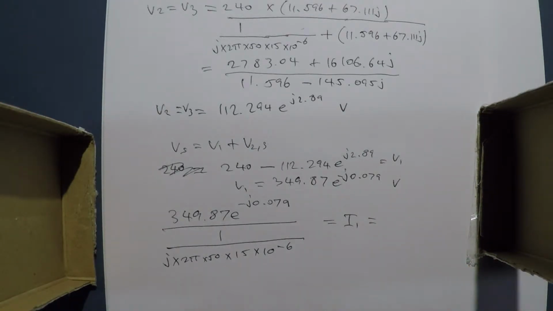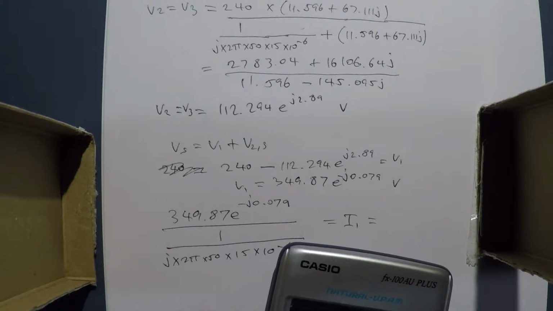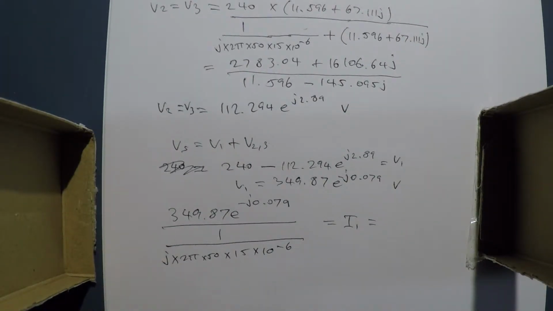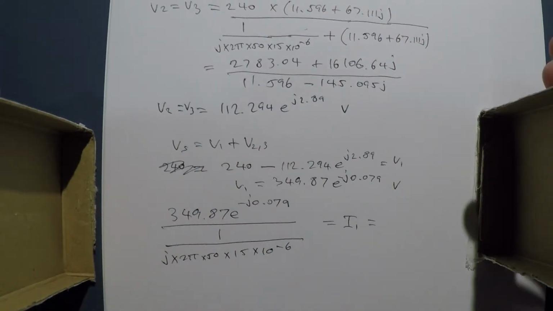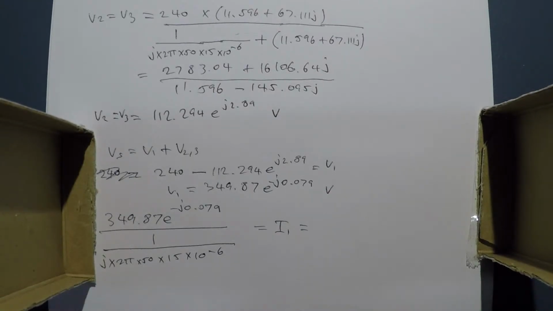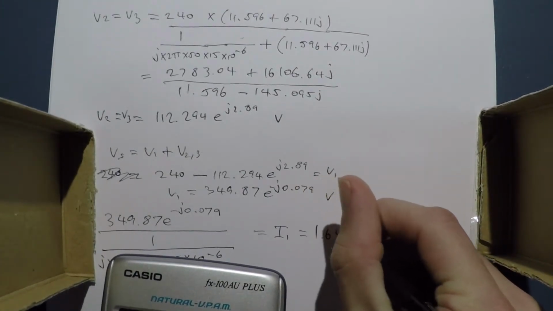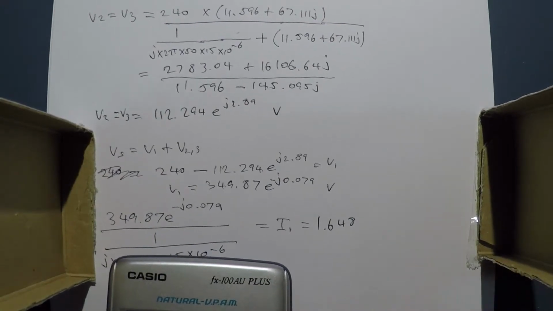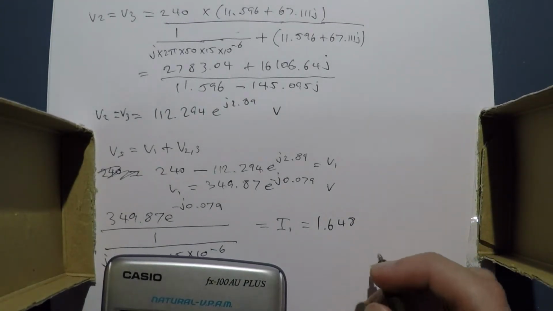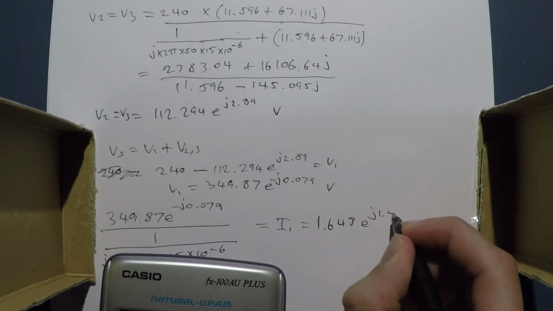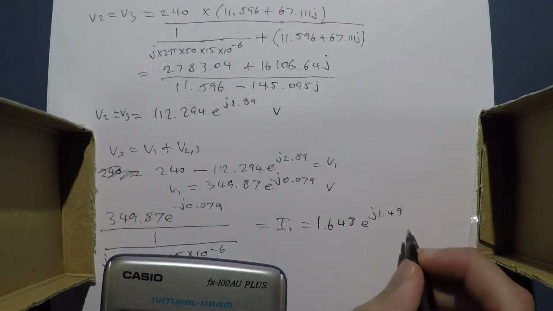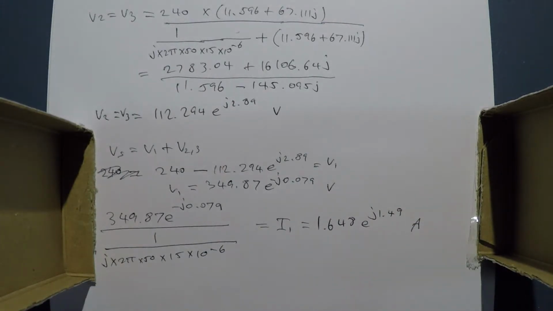So I1 equals, after putting it in the calculator, 1.648 e to the j 1.49 amps.